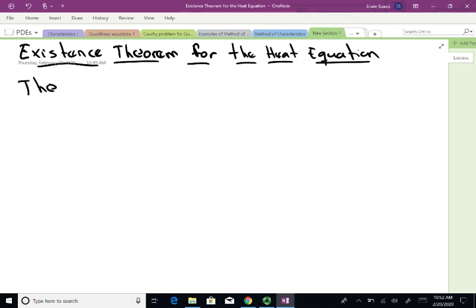So, theorem: existence of a solution of the heat equation. I'm not going to write it again.